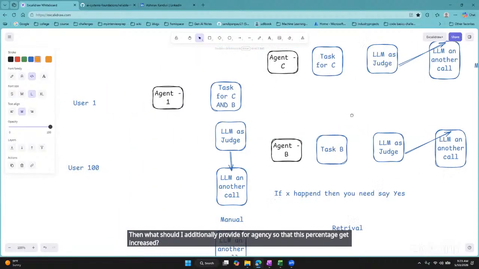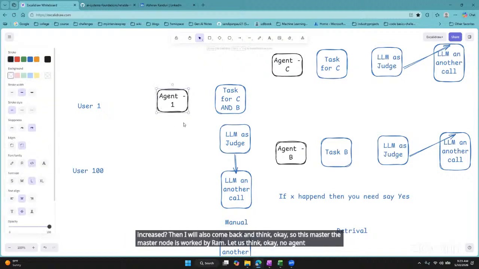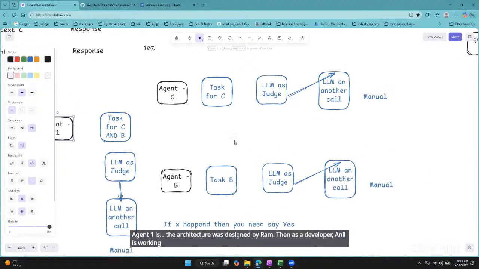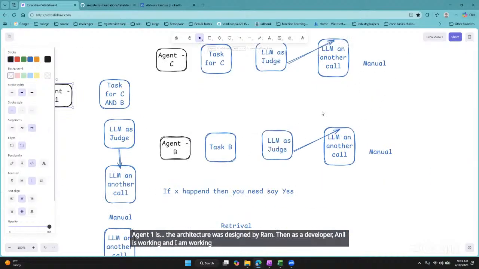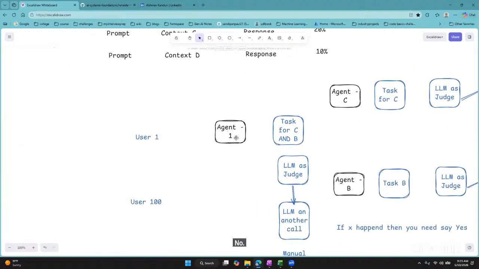Then I will also come back and think, okay, so this master node is worked on by Ram. Let us think, the architecture of agent one was designed by Ram, then as a developer, Anil is working, and I am working on the database. Now Ram says that no, I want several agents to work on this.